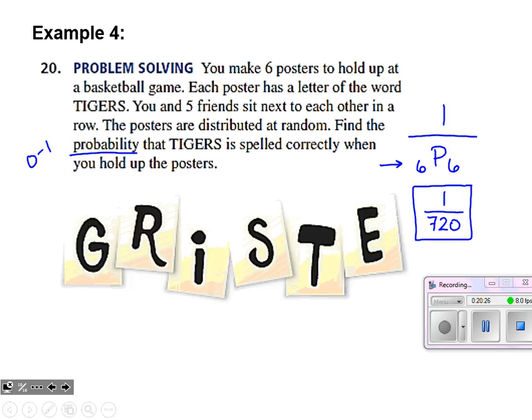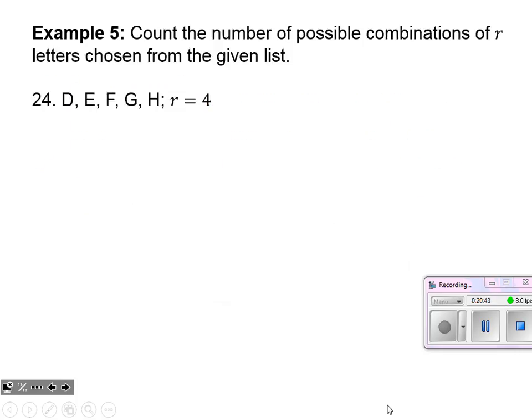But again, just a slight adjustment in how we're setting up the problem to answer not how many ways, but what is the probability. Okay, so moral of the story, make sure the posters are in the right order. Not very likely that they're going to show up correctly, chosen at random.